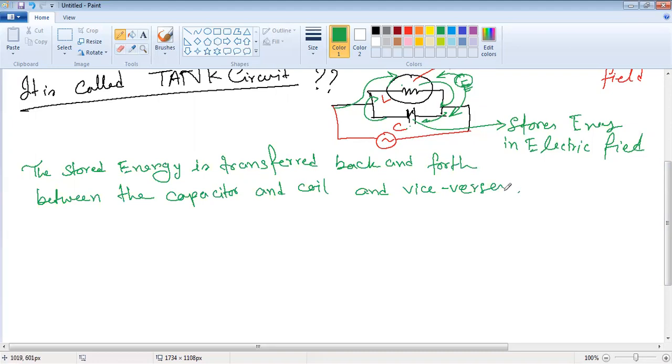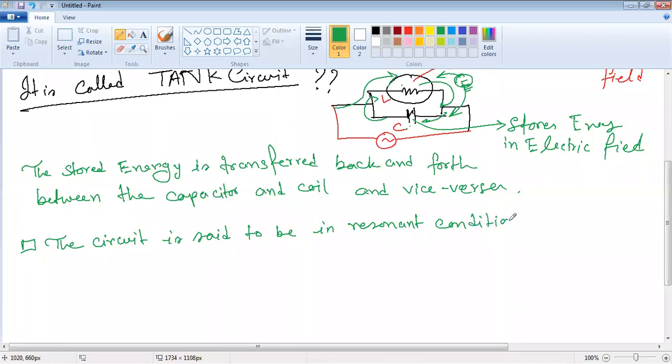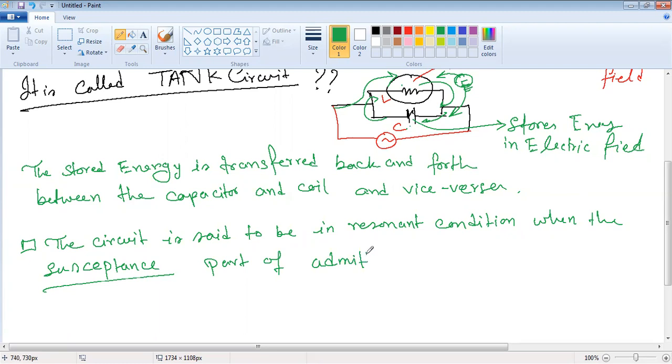The circuit is said to be in resonant condition when the susceptance, this is called susceptance, is zero.